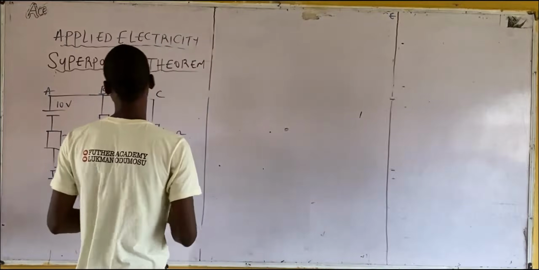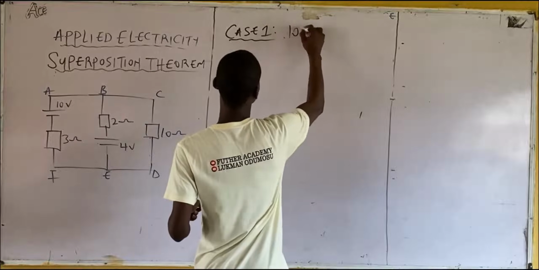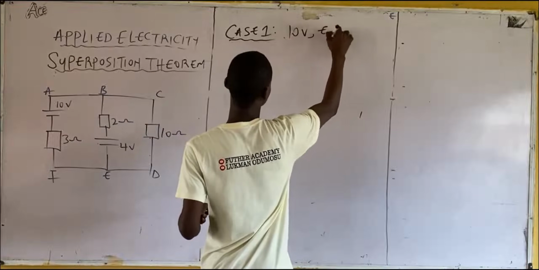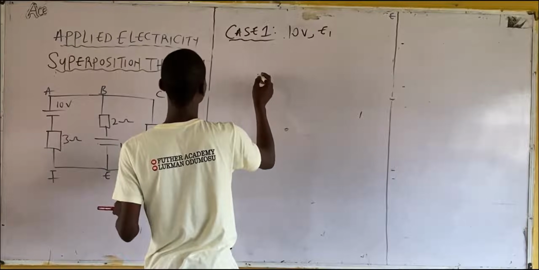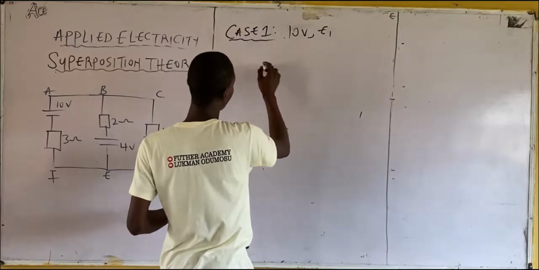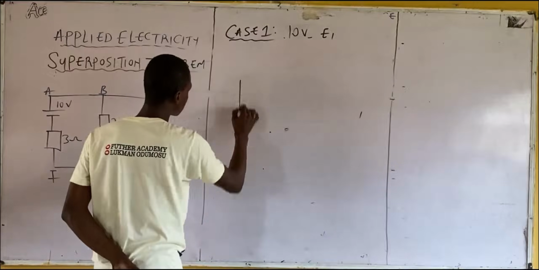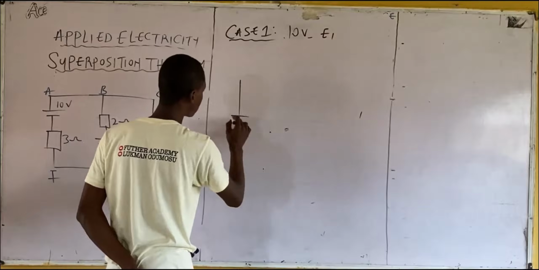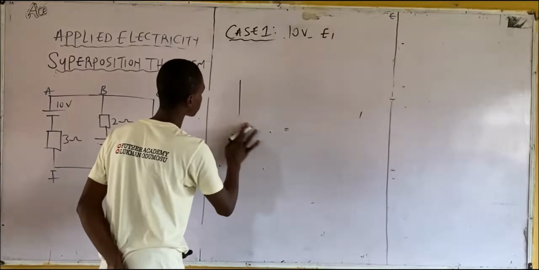Alright, now for case 1, considering 10 volts, meaning this E1, you have to redraw your diagram. Then you redraw your diagram. What do you have? You have this. You are repeating the same thing. Nothing is changing, but you won't include the 4 volts, the other source.